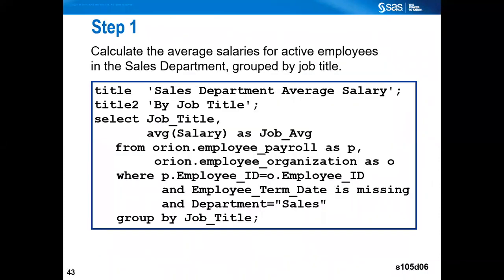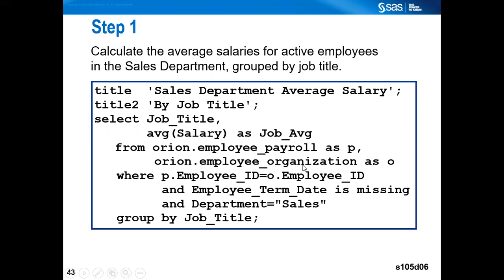So what it is doing, step one, you are going to calculate average salaries for active employees in the sales department grouped by job title. So you write the same query with employee payroll and organization data. Why organization?